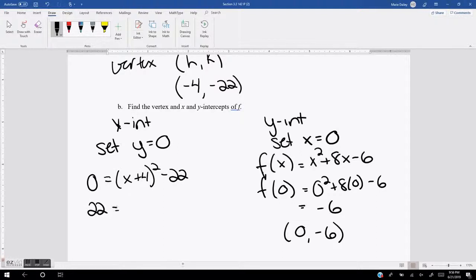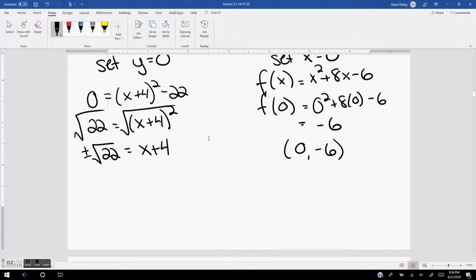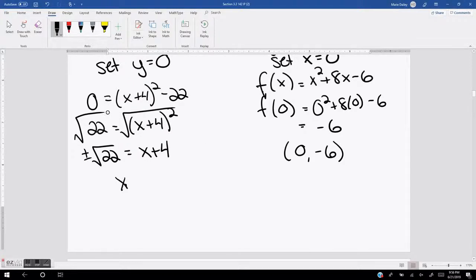So this gives me 22 = (x + 4)². Taking the square root of both sides, this gives me plus or minus the square root of 22 equals x + 4. And subtracting that over, this gives me that x = -4 ± √22.